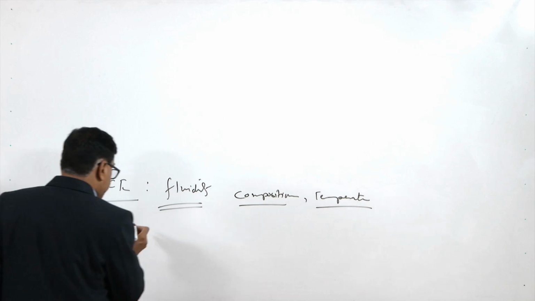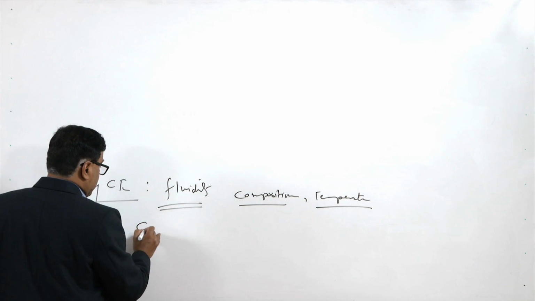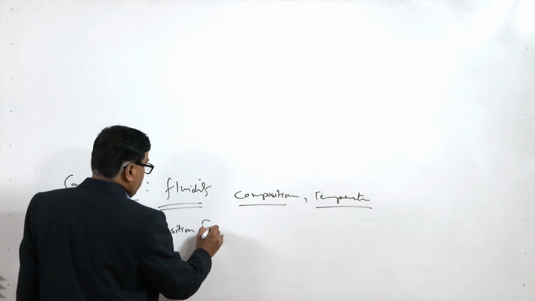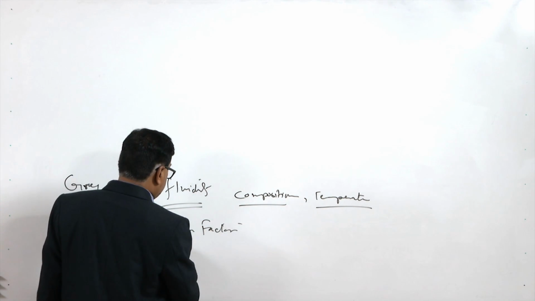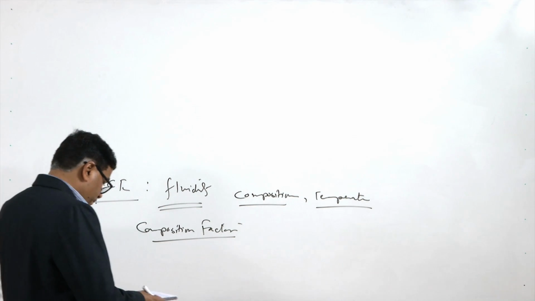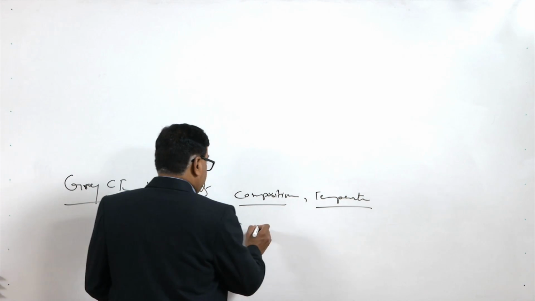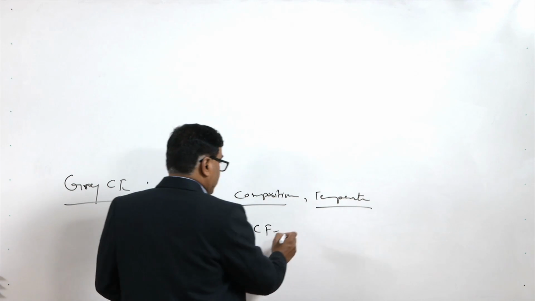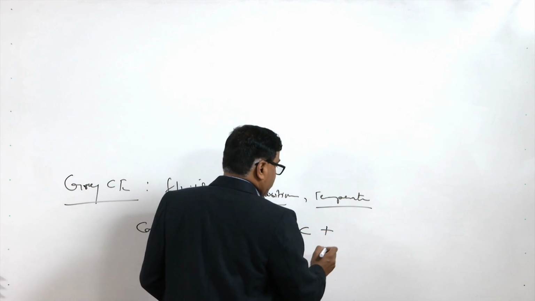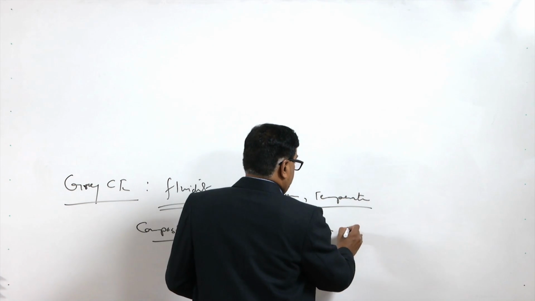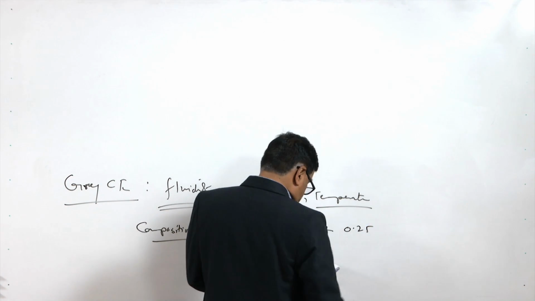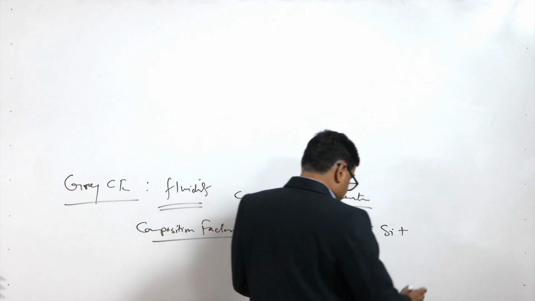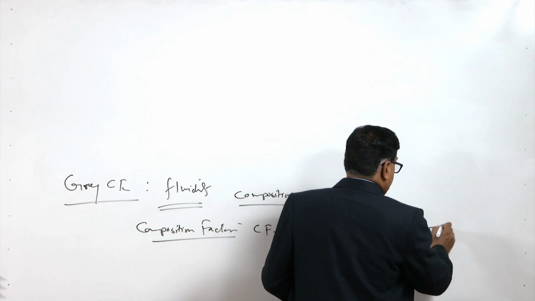So, what we determine in this case, basically, is the composition factor, first determined to see how the composition is affecting, and for this an empirical relation has been developed, like Cf is equal to the carbon weight percentage, plus 0.25 of the silicon, plus 0.5 of the phosphorus.